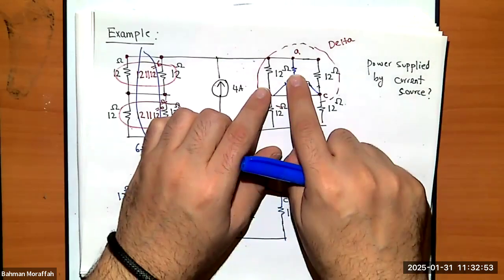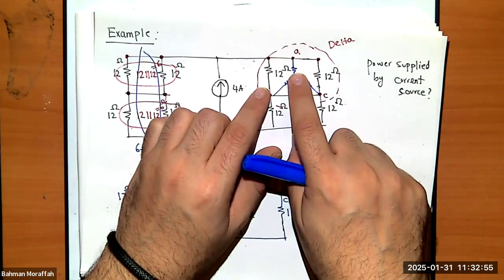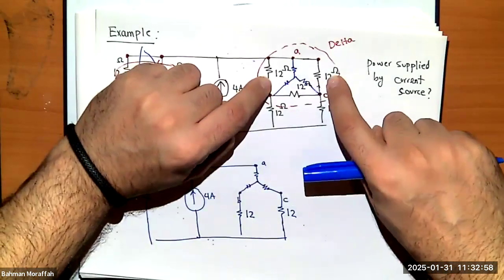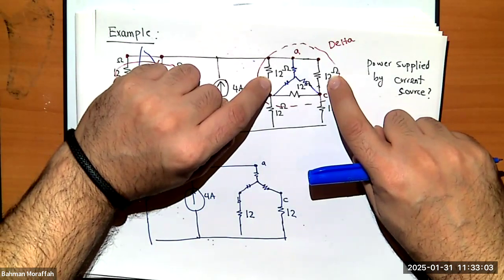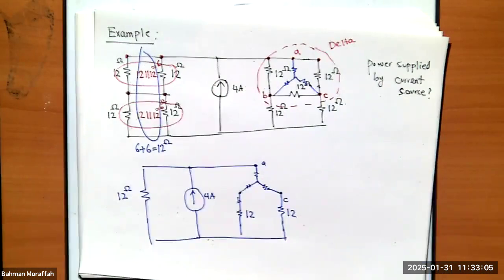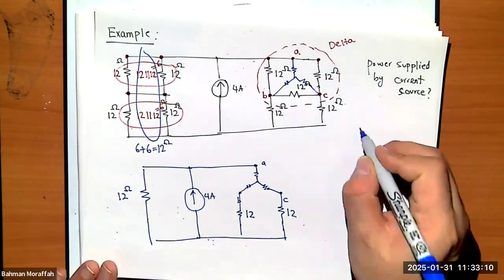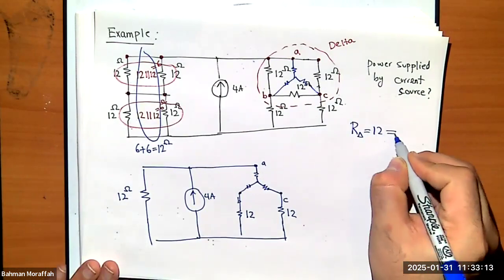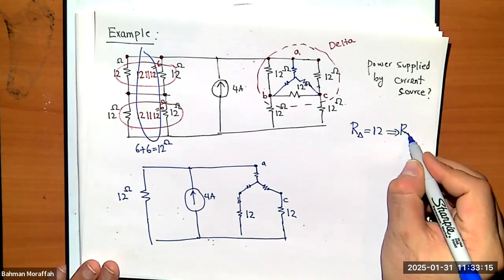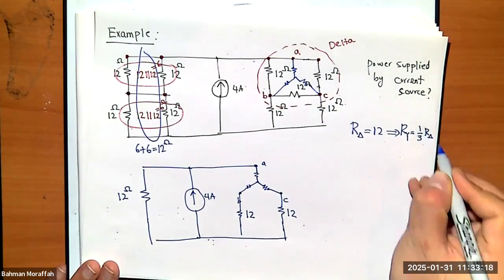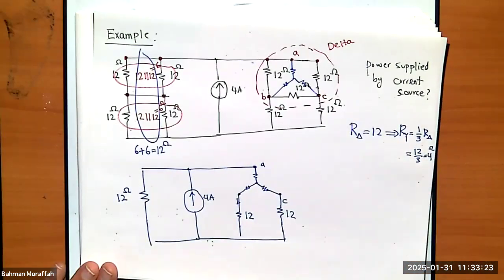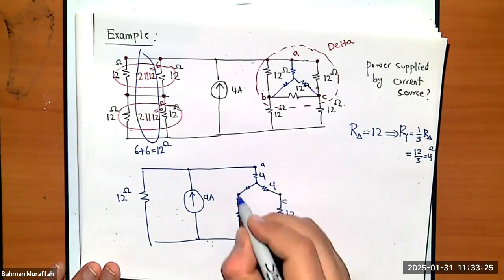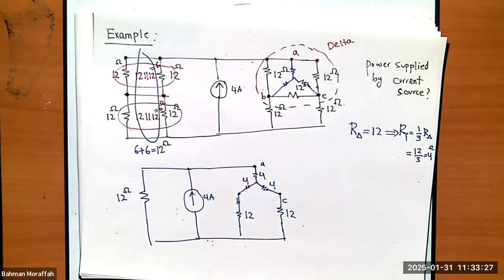For example, to find the top one here, the adjacent ones are these two 12s, so it's 12 times 12 divided by 12 plus 12 plus 12, which is 144 divided by 36, which is again a 4. So if our delta is 12, then our Y is 1/3 of our delta, which is 12 divided by 3, and it's a 4. So I know these numbers. These are 4.